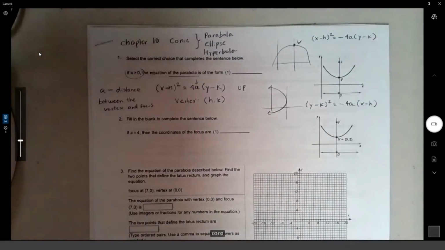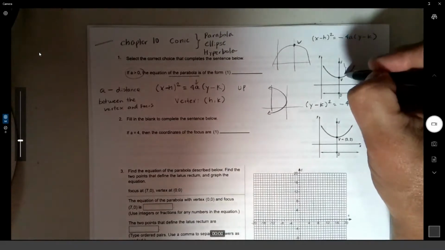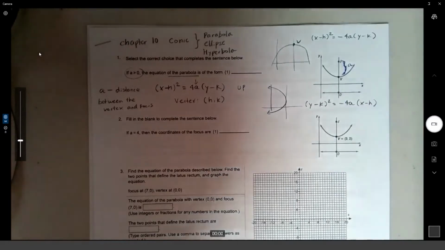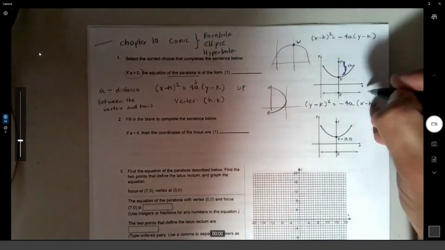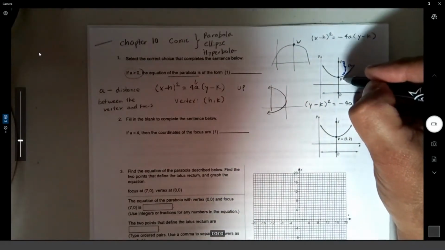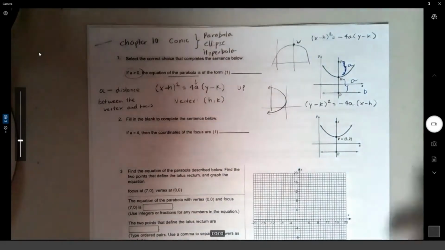So if I'm looking at this particular picture here, this is what we call A. It turns out that this line right here is called the directrix. Turns out that this distance from the vertex to the directrix is also A.